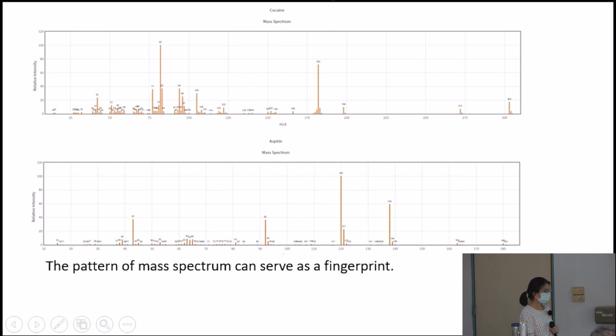For example, if I get product A that only matches here but not here, it might not be identical with aspirin. But if I get product B, which has a similar pattern with aspirin, I can probably predict that this product might come from aspirin because the metabolite is similar with aspirin metabolites.